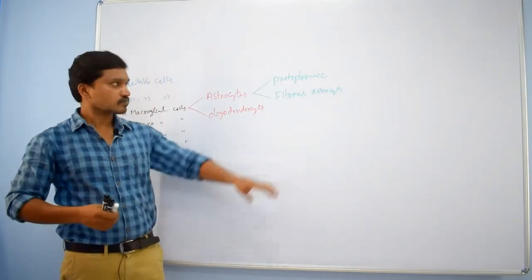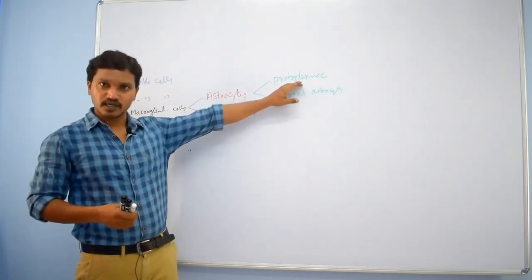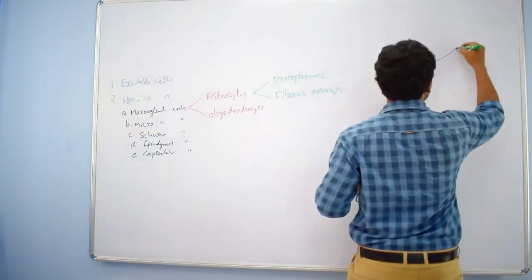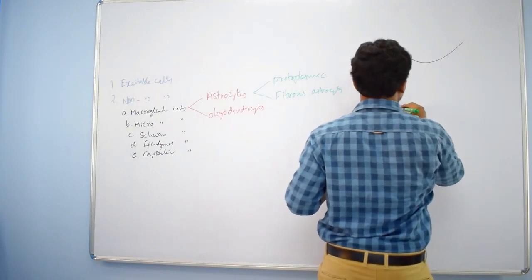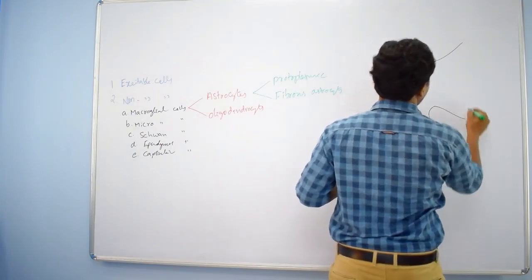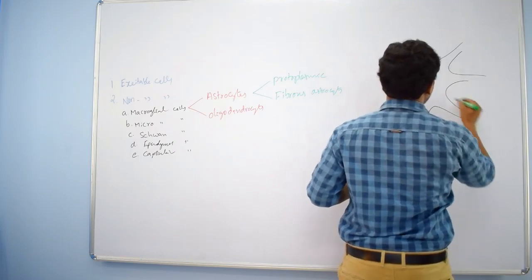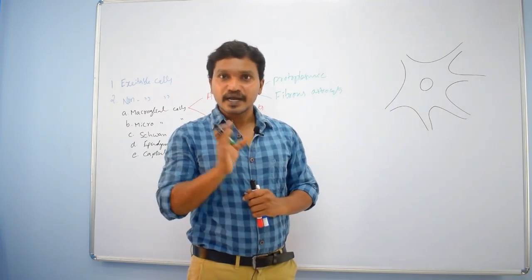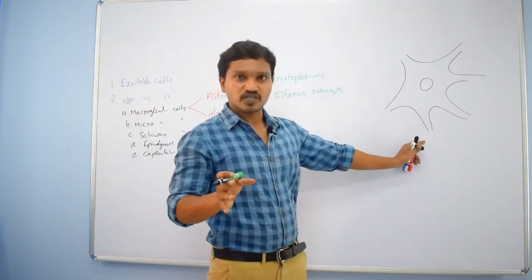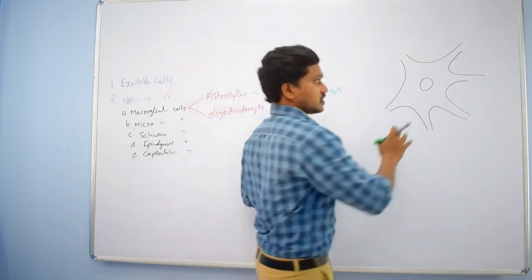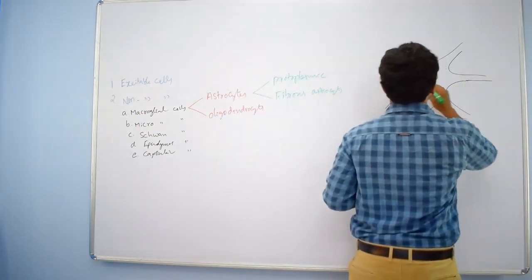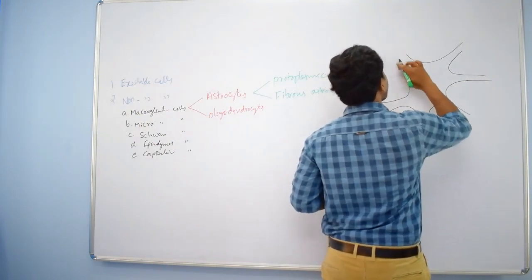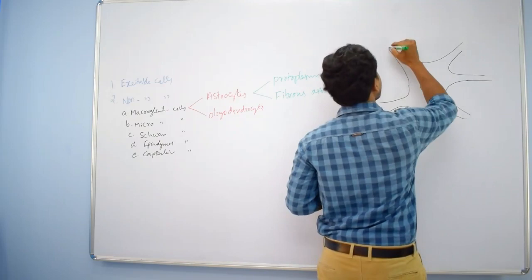Clear? If you take protoplasmic astrocytes, as I said, they are star-shaped cells. They contain a cell body. From the body, radiating processes, that means cytoplasmic extensions. These radiating cytoplasmic extensions are symmetrical and thick.